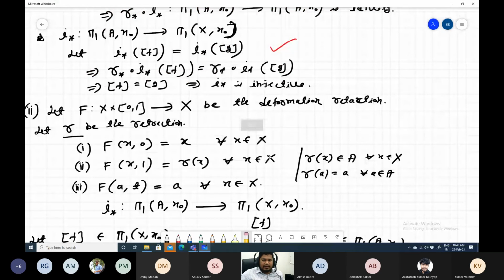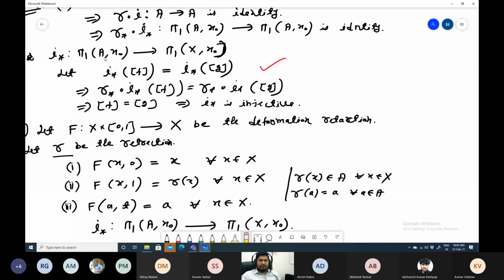Whenever we are talking about the maps F and G, they are homotopy classes in A. And when we are using i star, they go to the homotopy classes in X. Now it may happen that in the larger space you have more identifications, so both paths are equal there, but that does not mean that the homotopy classes of F and G are equal.